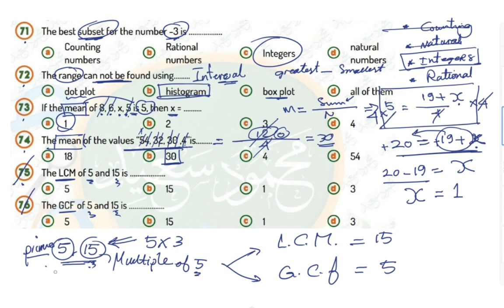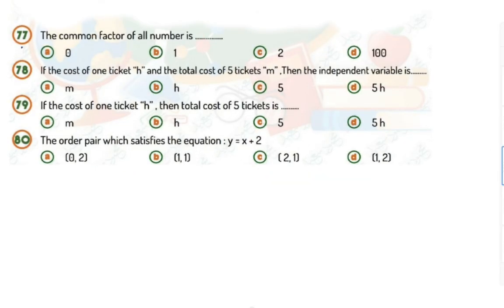Again, when you have a prime number and a multiple of the prime, when he asks you about the LCM, use the multiple one. When he asks about the GCF, use the prime one. Okay, so the LCM of 5 and 15 is 15. The GCF of 5 and 15 will be 5. 77. The common factor of all numbers. Of course, 1.